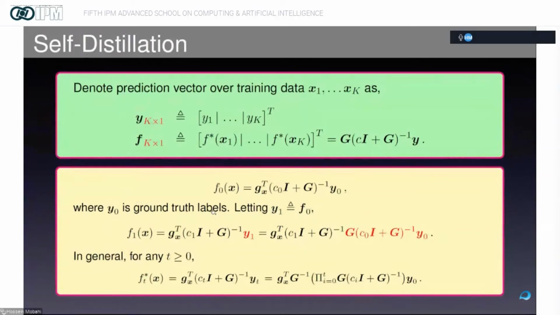I set my target values to be F0 and then solve the same optimization problem. Instead of Y0, I'm replacing Y0 with Y1, right? And for Y1, I already have the form of the solution from here, right? So I plug it in here and I get this one. So this is my updated model, right? And I can just keep repeating this. So in general, after T rounds of doing this, I can express the form of the solution as something like this. It depends on the initial ground truth labels like this.